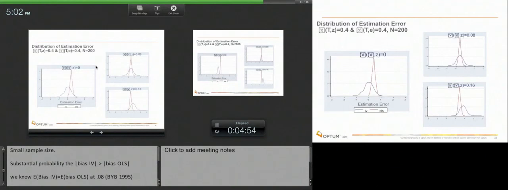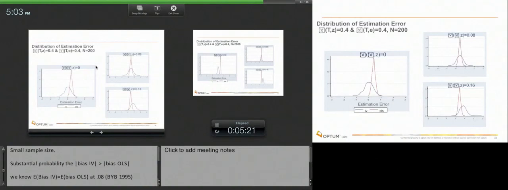Notice that it has a smaller standard error, but it's still biased. Not knowing where we were on these distributions, we'd want an approach that gives us an unbiased estimate on average. So instrumental variables looks pretty good for this case.